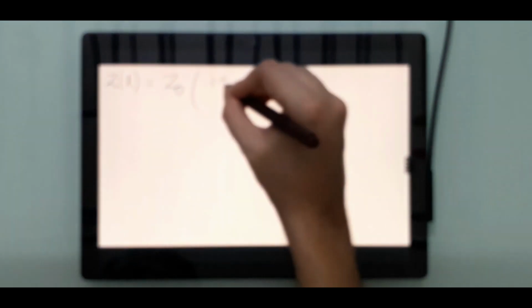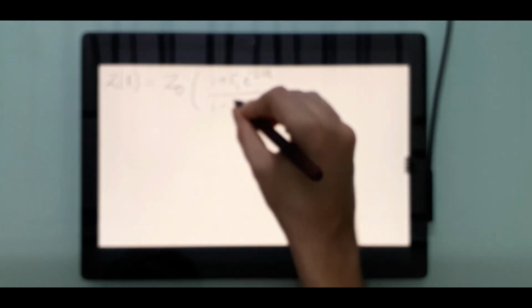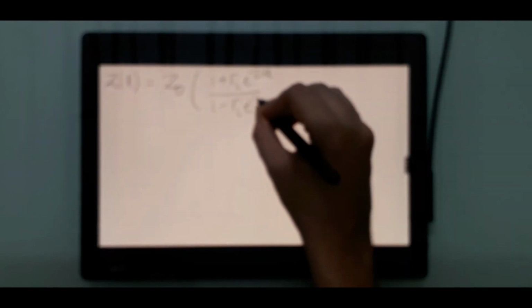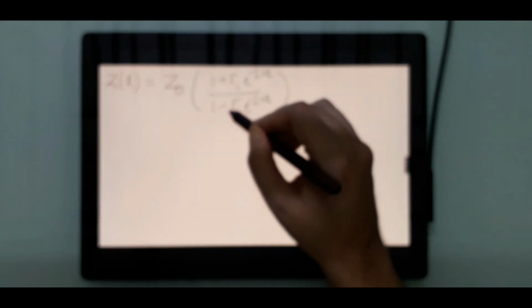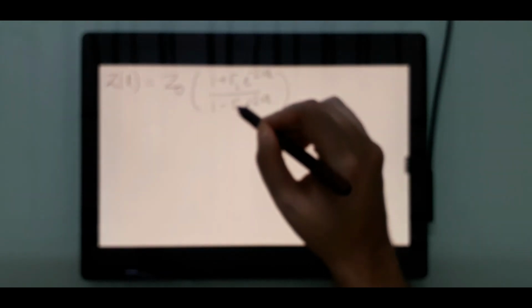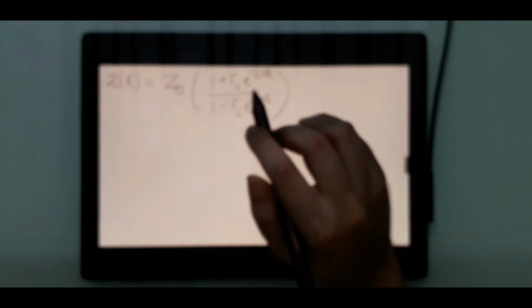This, as we proved, is nothing but Z0 times... Now you already know the expression for gamma L, that's load reflection coefficient, which is nothing but ZL minus Z0 by ZL plus Z0.